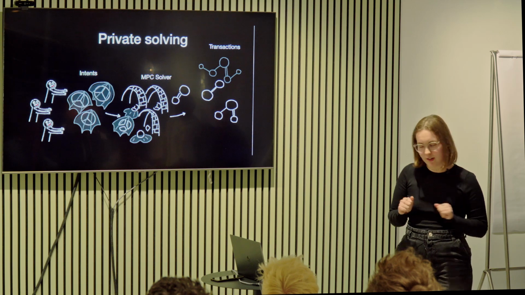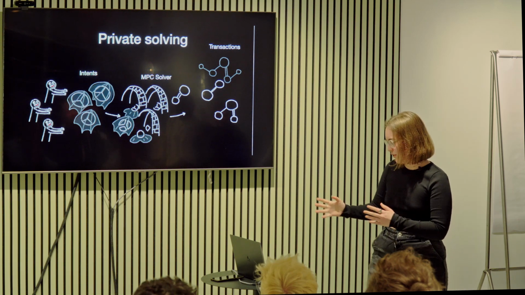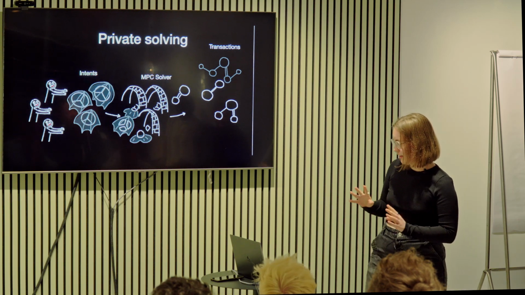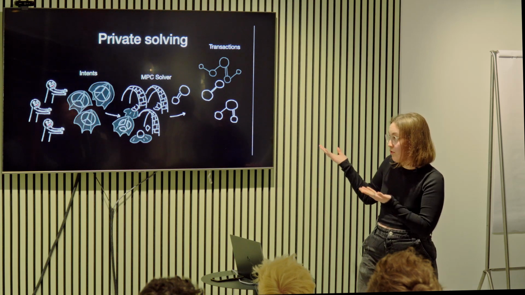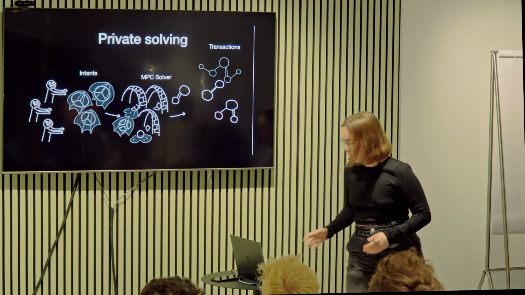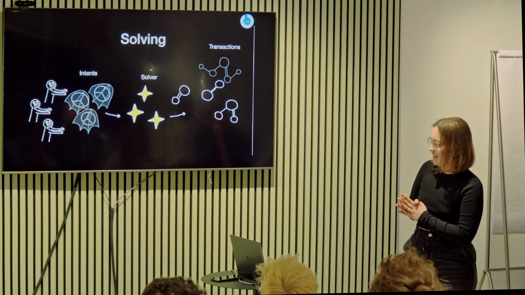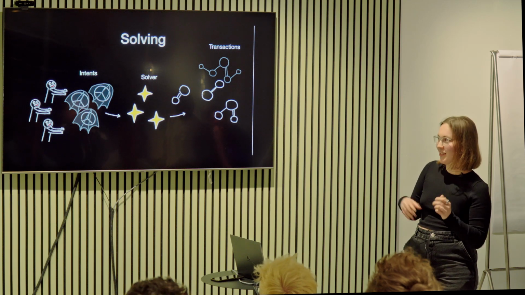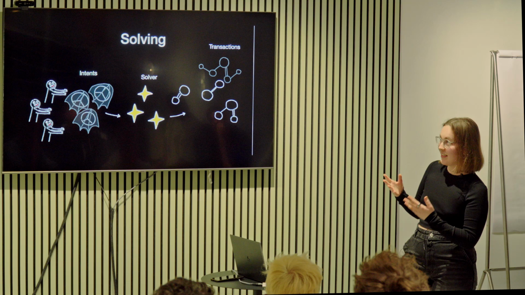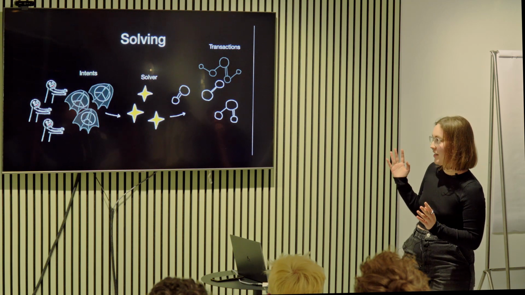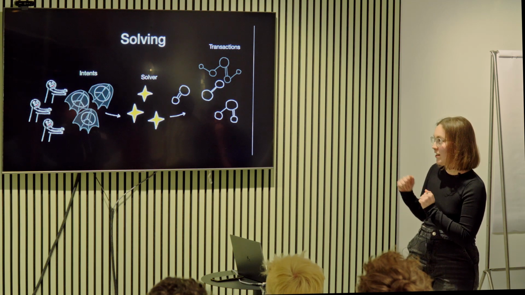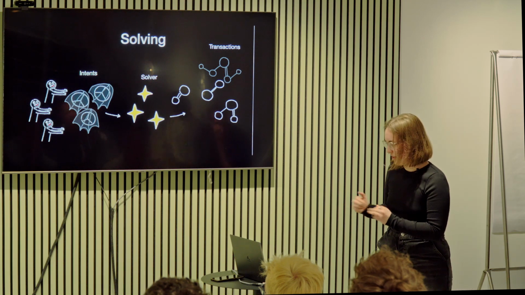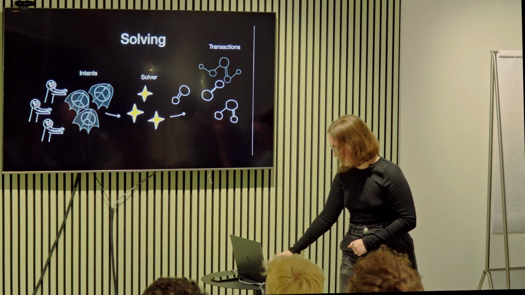So I encourage you to care about intents. You can see the diagram is a bit disintegrated in the middle because what do I draw there? I don't know. What we really want is something like this. We send shielded intents to the solver, some magic happens, and then we have shielded transactions as output. And you know what to do with this: be encouraged to work on it, of course.